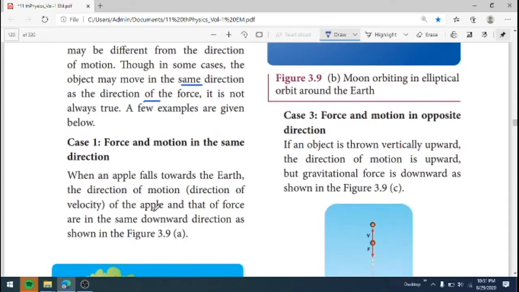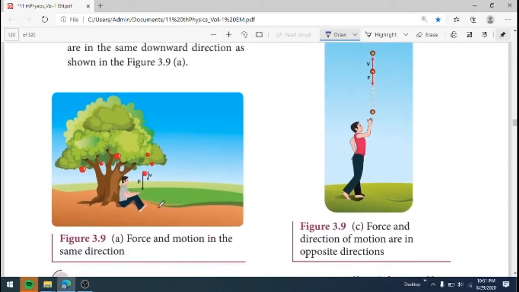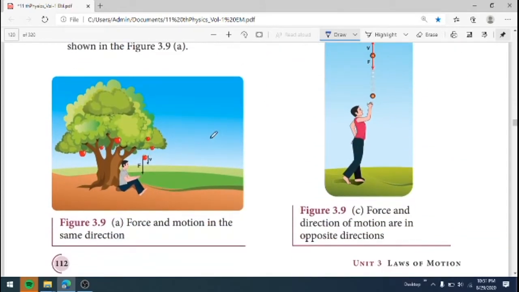For the possibility of that, in this picture, a beautiful picture showing an apple falling down with a velocity v. That means it shows the downward direction of the motion of the apple.